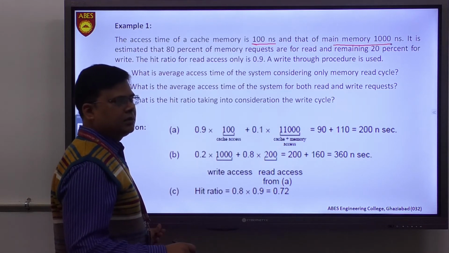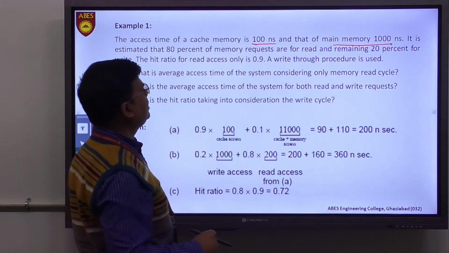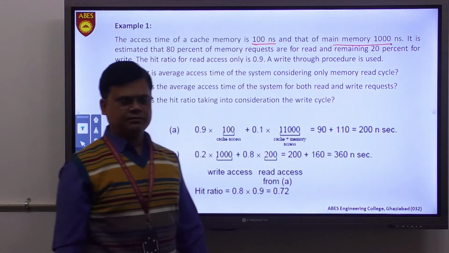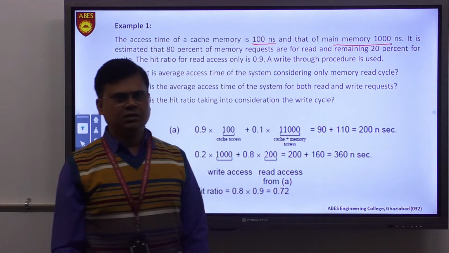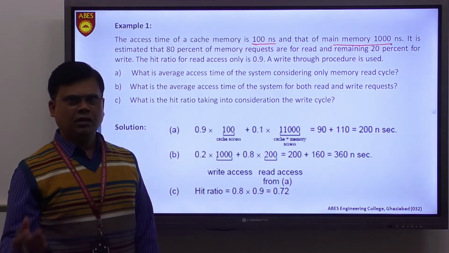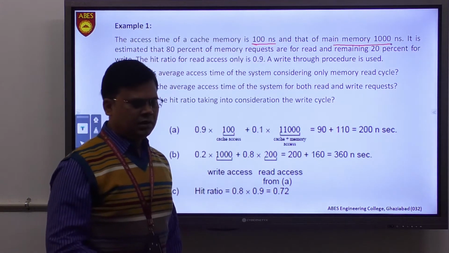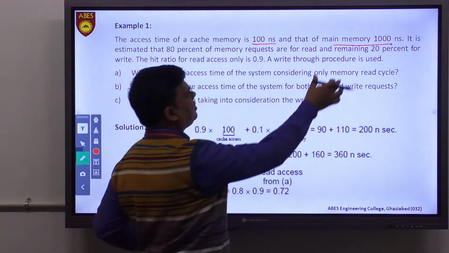If it hits, the data will be fetched from the cache memory and it will require the total time, that is 100 nanosecond. In case data is not found in the cache memory, then it will be a miss and the data will be fetched from the main memory.